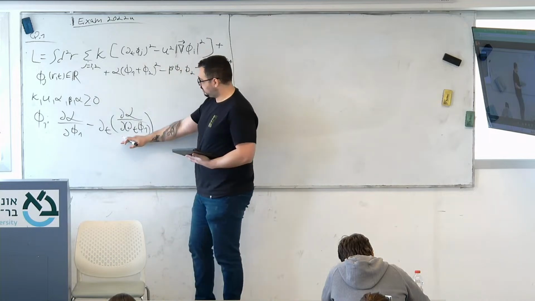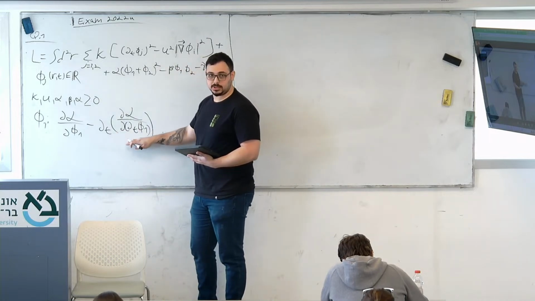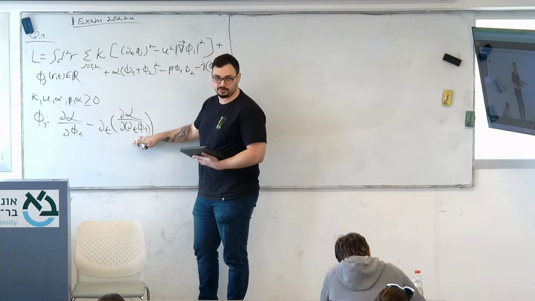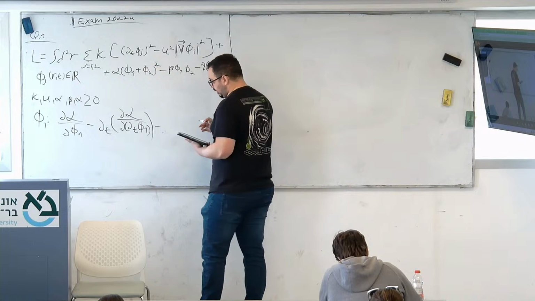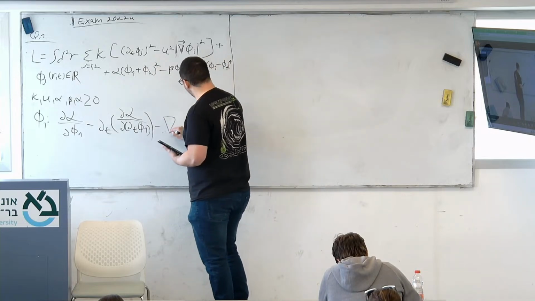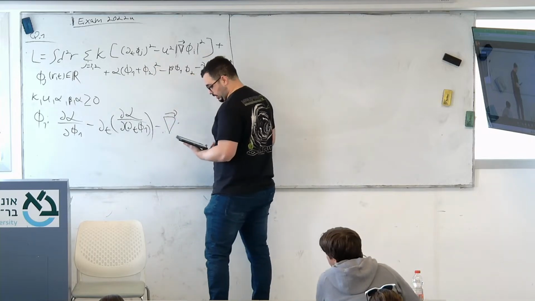Notice that this term in our parentheses is our new variable that we derive by. It's like an independent variable, and it's a bit of a legal writing, but I like to write it like that.